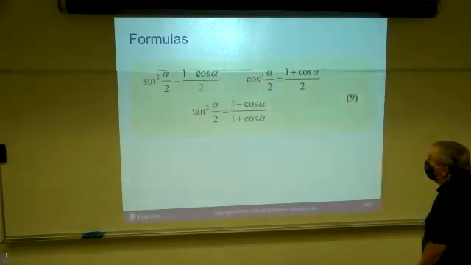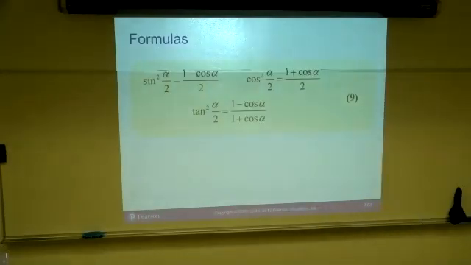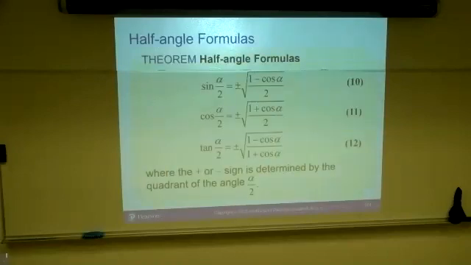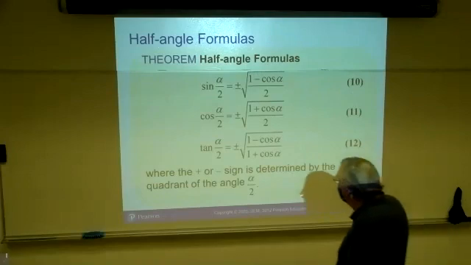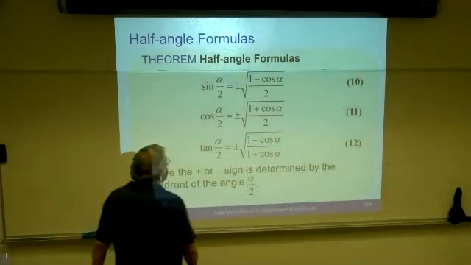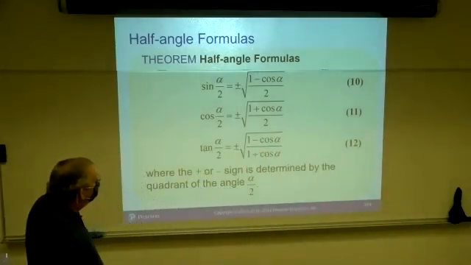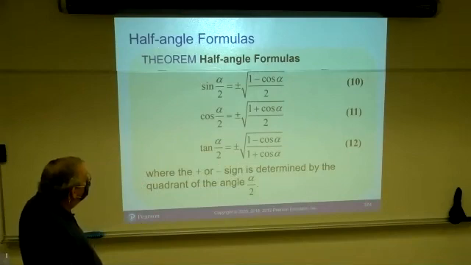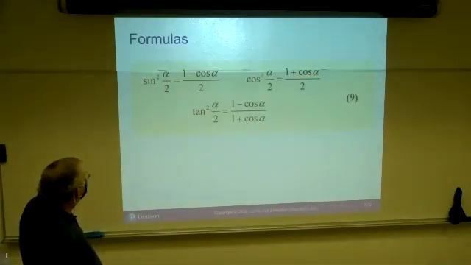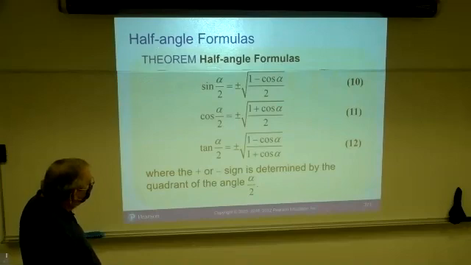Okay. So here we already have those formulas, but they're reestablishing them because they're going to ask you to use them. Here are our half angle formulas. What were these? The squares? Okay. The half angle formulas.